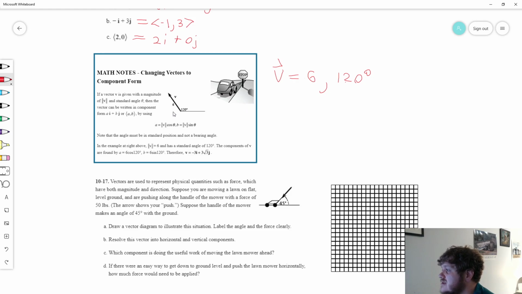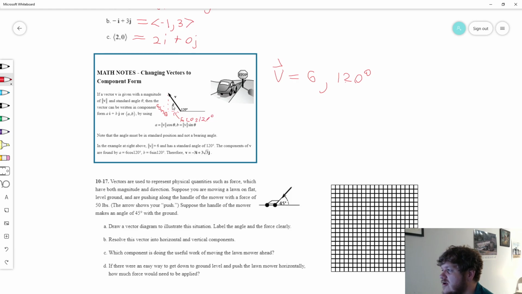So to do this, if we remember our unit circle, this would be 6 sine theta, and this would be 6 cosine theta, which in this case would be 120.